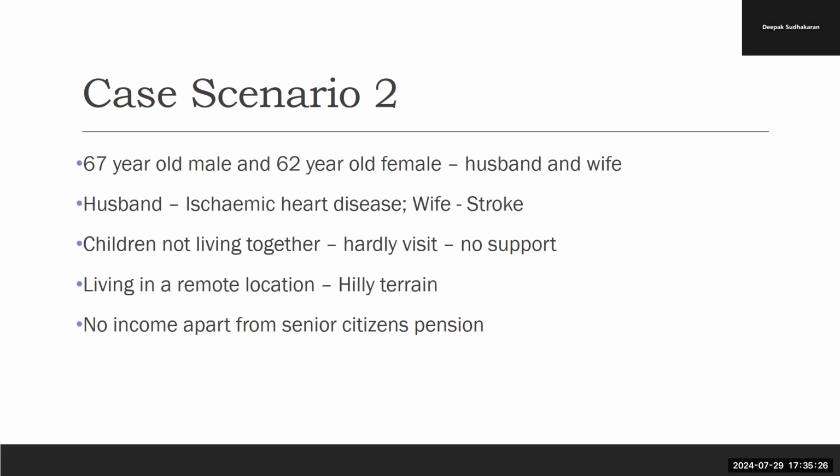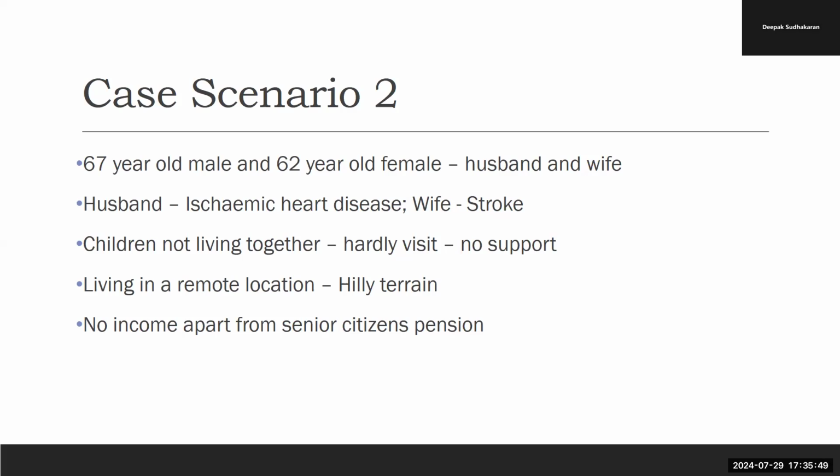The wife, after getting a stroke, has got hemiplegia. She is unable to take care of herself. And this husband is the one who regularly bathes her, washes her after she goes to the toilet, and moves her around in a dilapidated house.